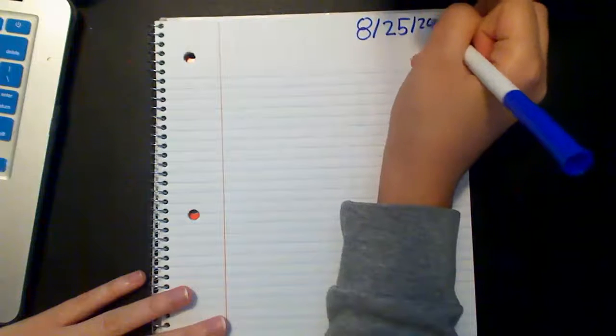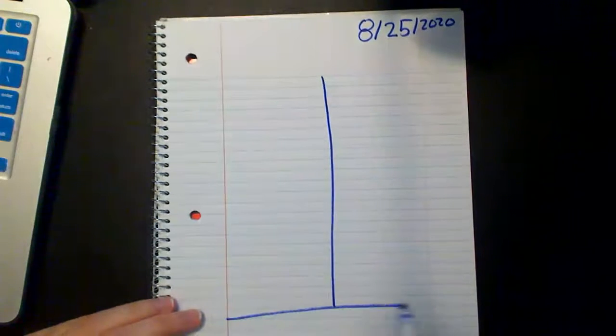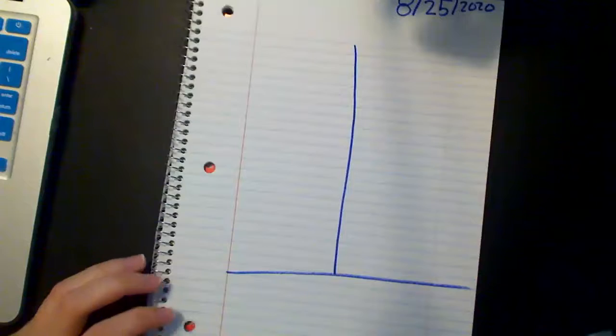First things first, always put your date at the top of your page. Today's date is August 25th, 2020. Then you're going to set up your page by splitting it down the middle and making a T like that.